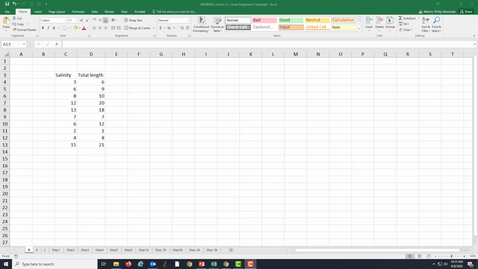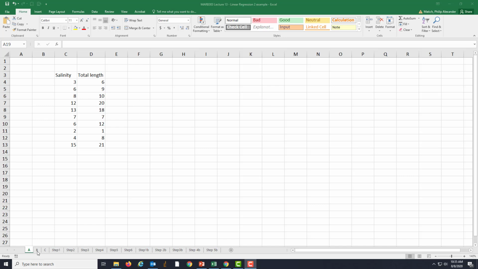Okay, so let's use our equations in which to calculate the slope of a linear regression model. So we have some raw data here on salinity and total length, and we're interested if the total length of our respective animals changes with salinity.